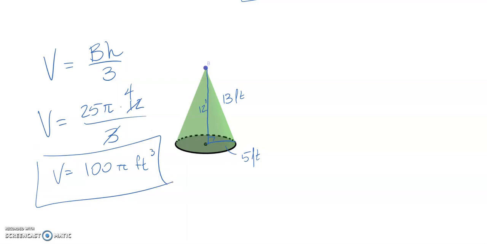Now for surface area, we do have to worry about how we're going to calculate the lateral area. Again, that sleeve that wraps around the edge of the cone. Because we don't have triangles to work with, we need a formula. Now the good news is the lateral area for a cone is always going to be equal to pi times the radius times the slant height.